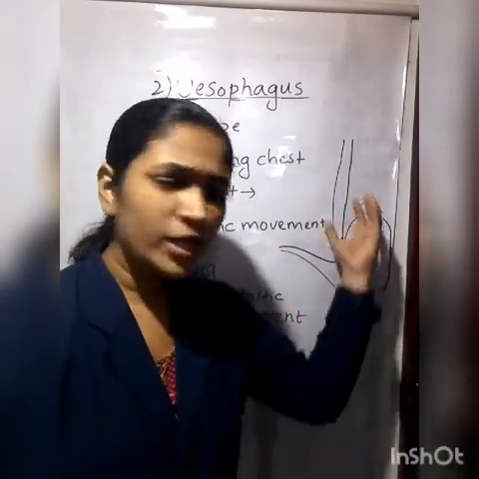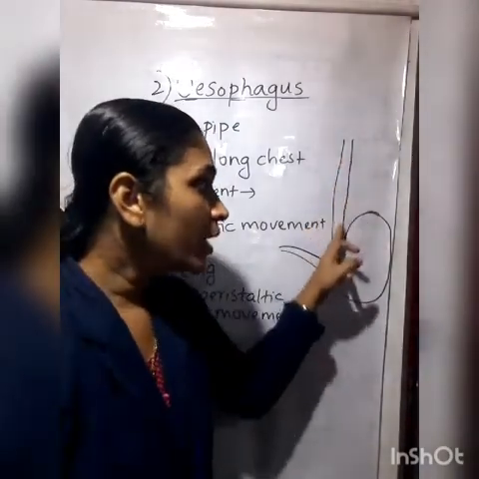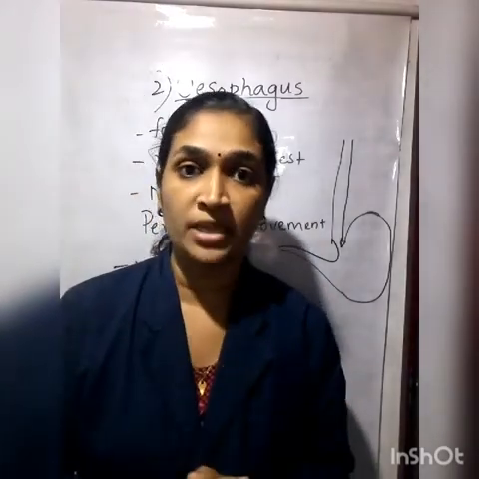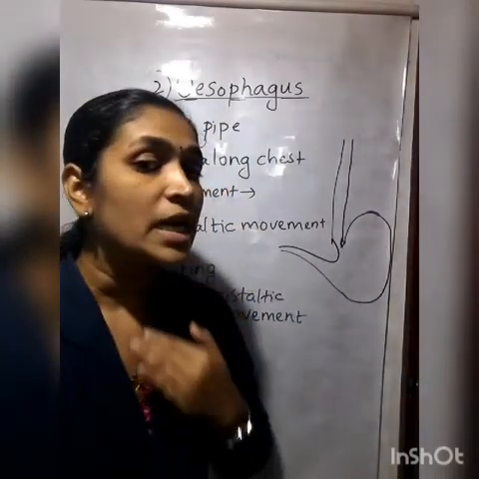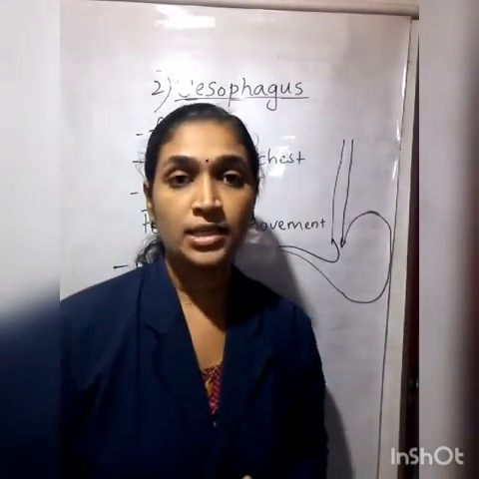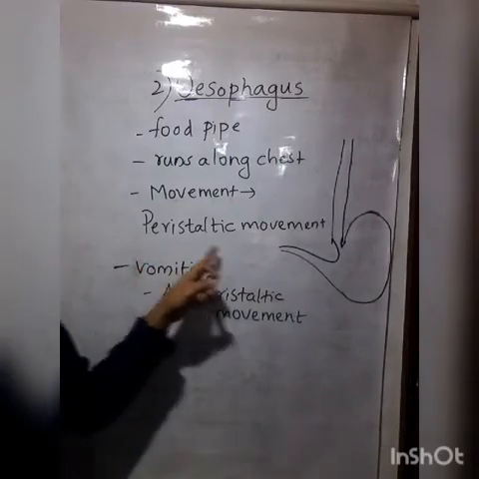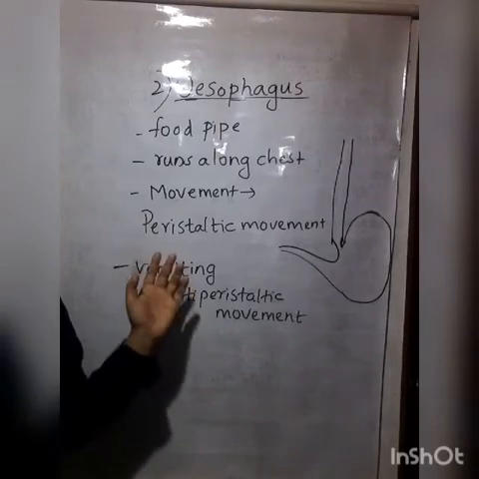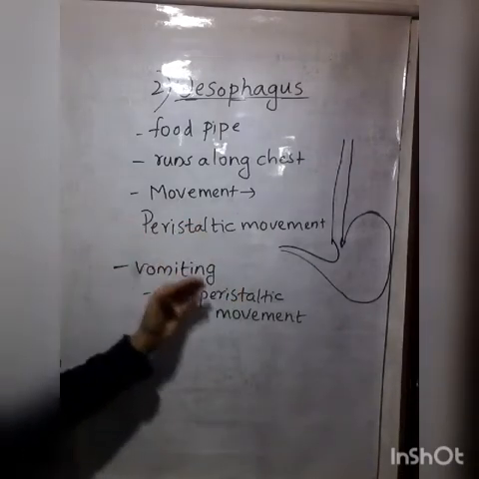So how does this hard food go through this pipe-like structure? For that, there is a movement in the esophagus. Due to this movement, our food gets pushed through the esophagus, and that movement is called peristalsis, or peristaltic movement. Understood? This movement pushes the food.